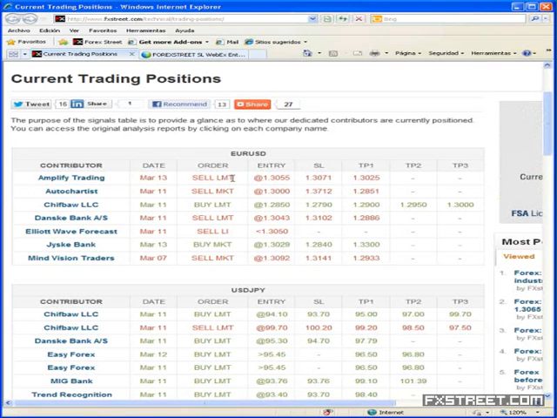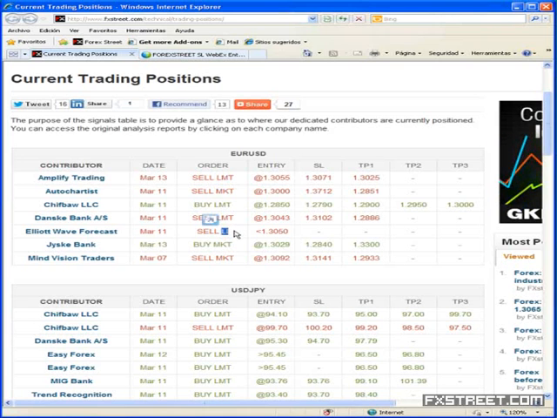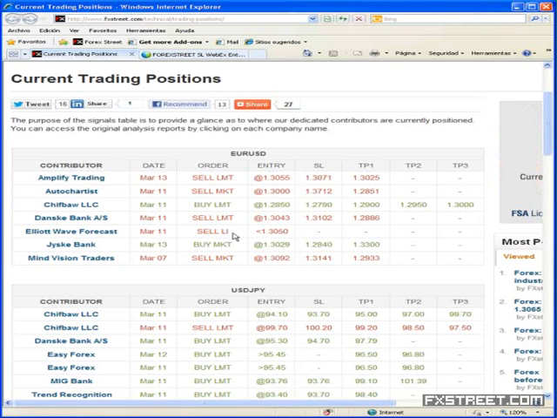If that is a limit order, it would appear as LMT, a market order would appear as MKT, and we also have a latent interest, which is not an order per se, but the interest of buying and selling at a specific price level.